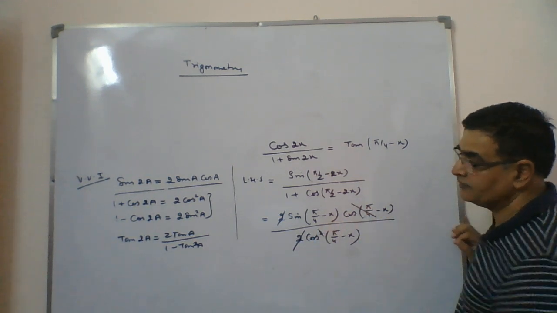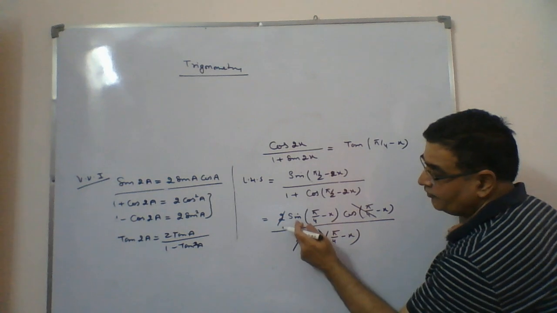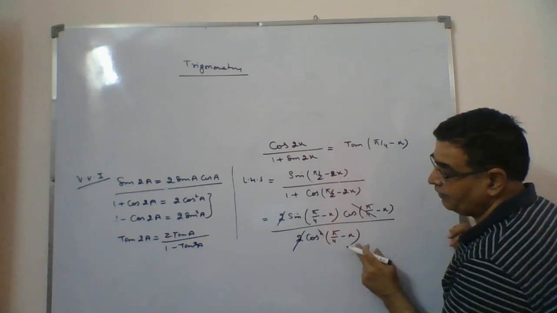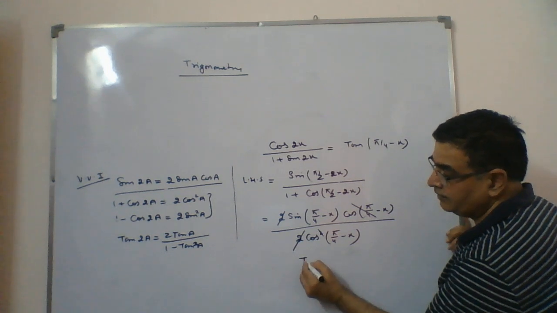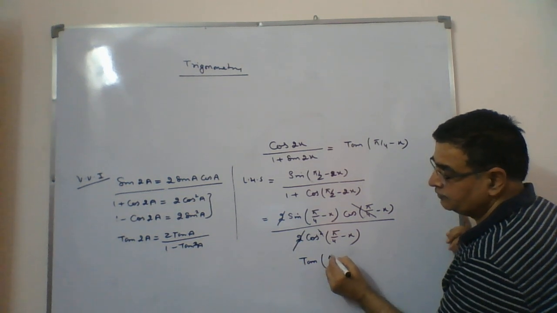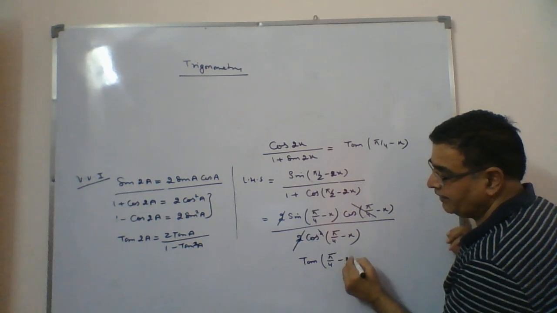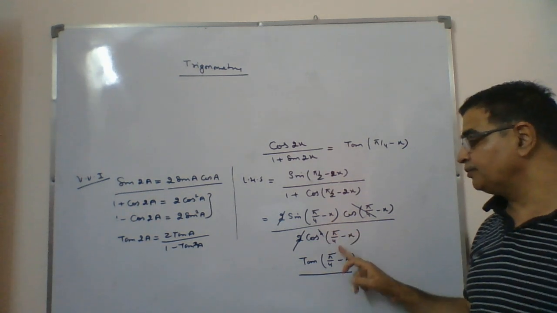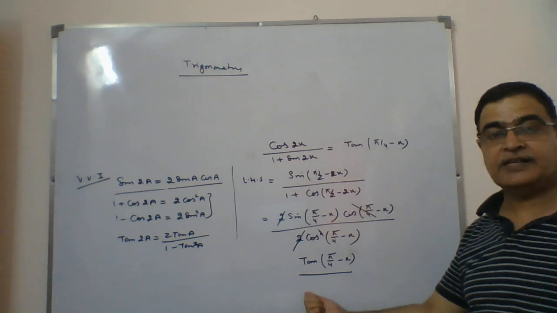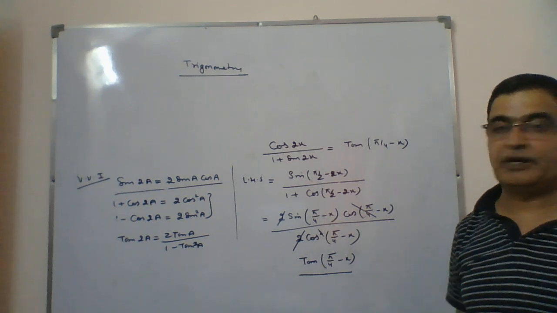This cos and cos get cancelled out. Now it will come out to be sine pi by 4 minus x by cos pi by 4 minus x. So what will it come out to be? tan of pi by 4 minus x.